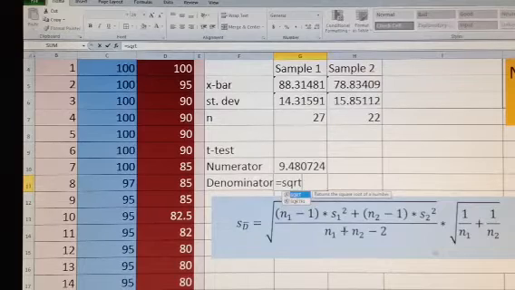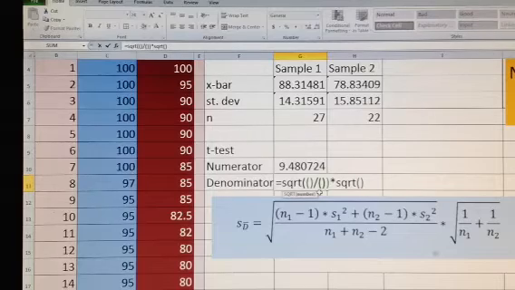It is the product of two square roots. So I will put parentheses as a place value for whatever is under the first square root, and then I will put times, which is this star, sqrt, and a place value for the second square root. Now the first square root has a numerator and denominator, so I put parentheses for the numerator and parentheses for the denominator.